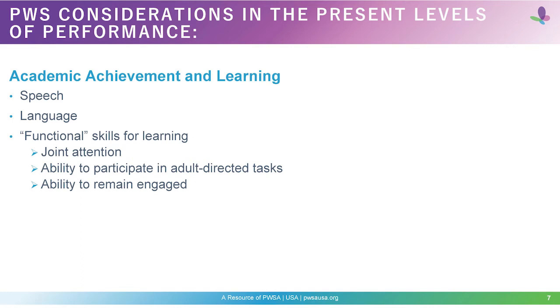However, it really needs to look at more than just academics, especially for our younger kids, because when you think about their classroom functioning, you want to think about things like their speech and their language, and those functional skills for learning. If you have a student who can't pay attention, they're self-directed and they struggle to participate in adult-directed tasks, or they're just all over the place and looking around, they're not going to be really engaged with the learning process.